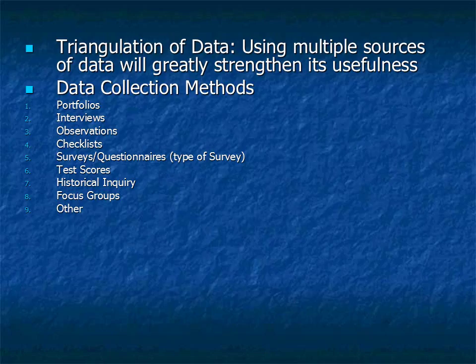Historical inquiry is basically looking back at data that we have to help with what we're currently doing. For instance, I'll try to make this quick, but a way I always think of how I use historical inquiry, when I first came to White Church, this would have been 8 years ago, I looked back at the data as far as state assessment scores, and the year before I came, state assessment scores were not that high.